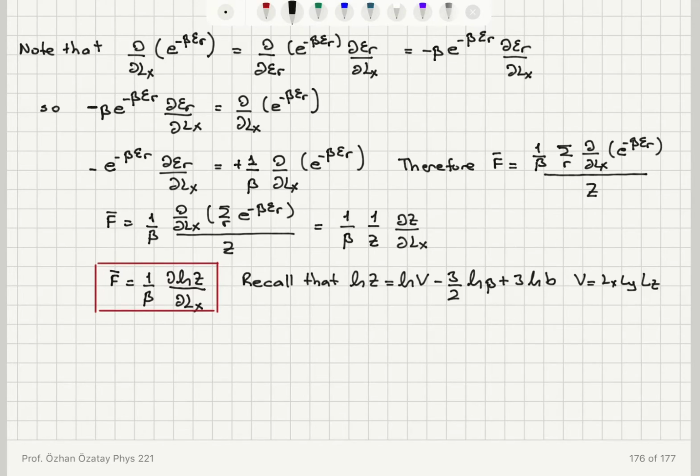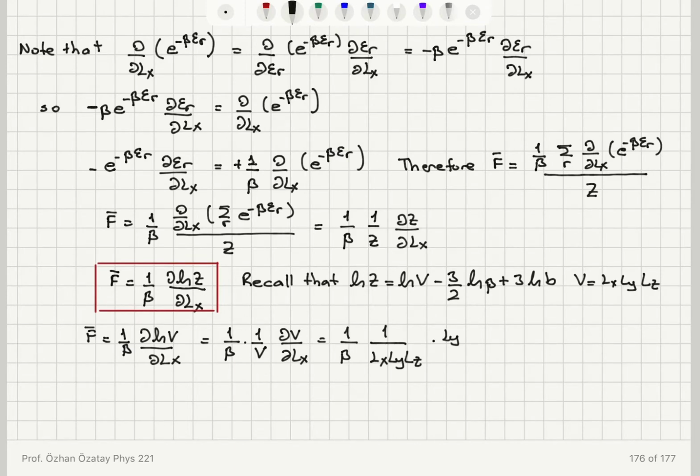I can find the mean force to be 1 over beta. If I take a derivative of the right hand side with respect to Lx, Lx only appears in the volume, del ln V del Lx. So this would be 1 over beta, 1 over the volume, del V del Lx, and this would be 1 over beta, 1 over Lx Ly Lz, multiplied by Ly Lz.